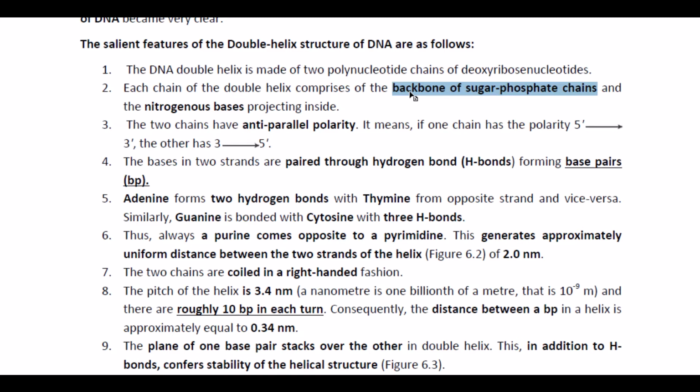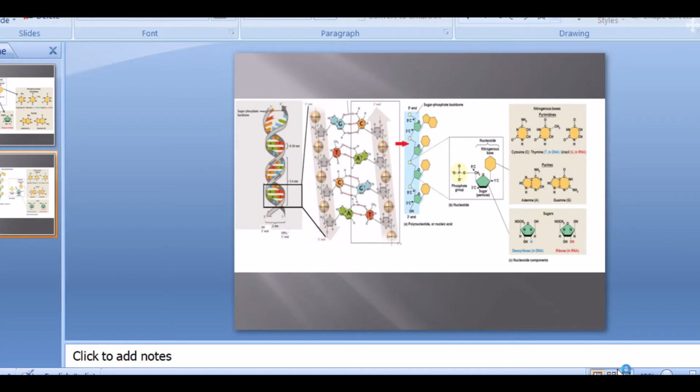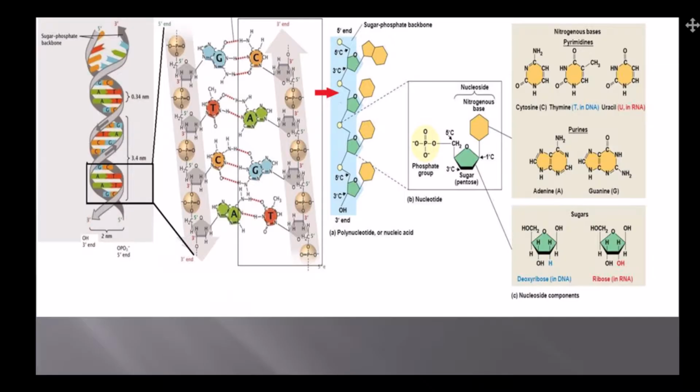If you can see in its structure, this is the double helical structure of the DNA, and here we can see that this is the backbone and this one is the other backbone.